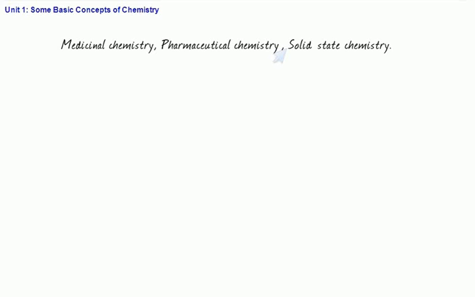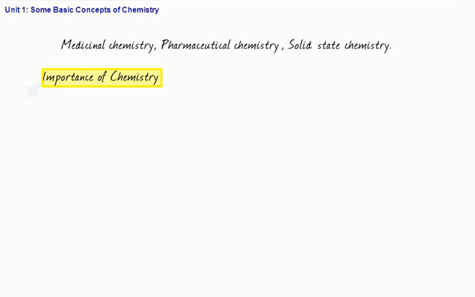Now let us discuss the importance of chemistry or scope of chemistry. Well, chemistry plays a very, very important role in our life. In fact, we cannot imagine our life without chemistry. Everything around us is made up of chemical substances only.